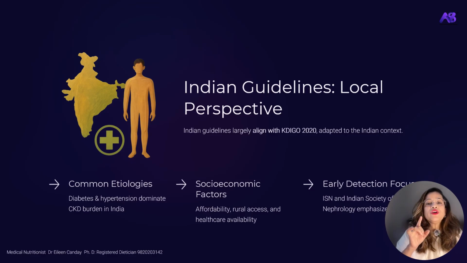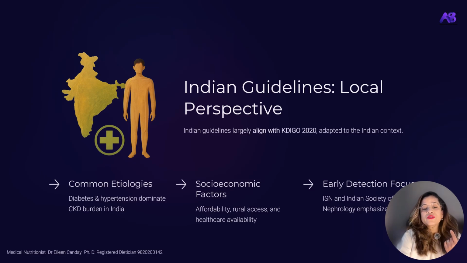Now, the socio-economic realities shape how we actually approach CKD management here. Affordability of medications, access in the rural areas, and availability of healthcare infrastructure are the critical conditions. Now, the Indian Society of Nephrology and the international bodies do emphasize how early detection really matters, and it is very, very important.